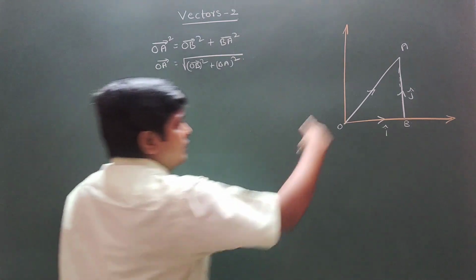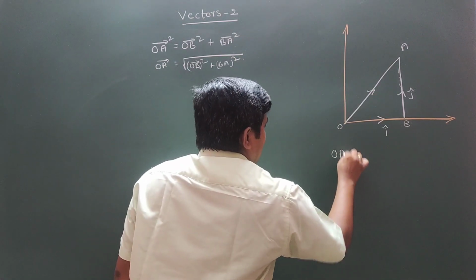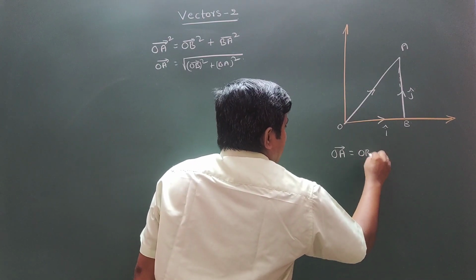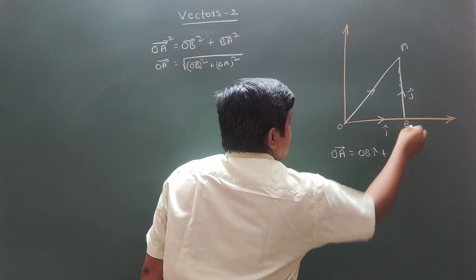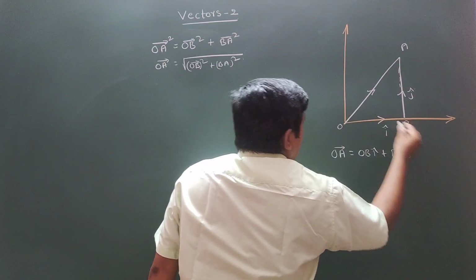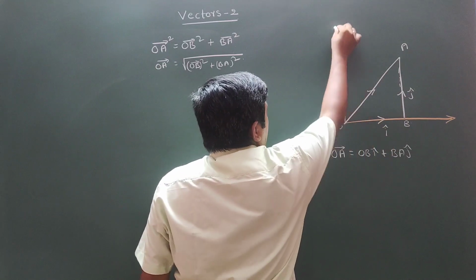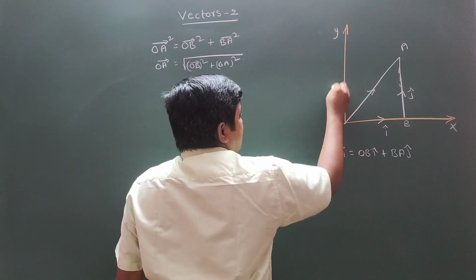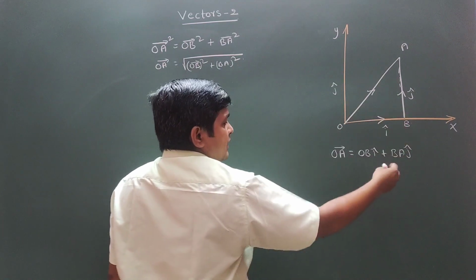Now if you want OA bar in vector form, it is OB i cap plus BA j cap, because this represents the x direction, i cap, and this the y direction, j cap. That's why I have taken it like this.